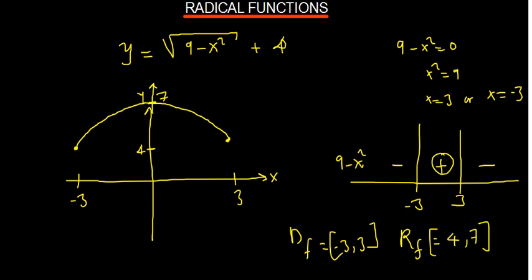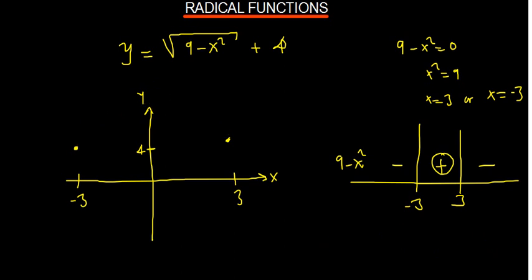So if there was a negative here, things would have changed. Okay, so when there's a negative here, instead of the function going up, what happens? It is going to be going towards negative values of y. Okay, so let me put that.